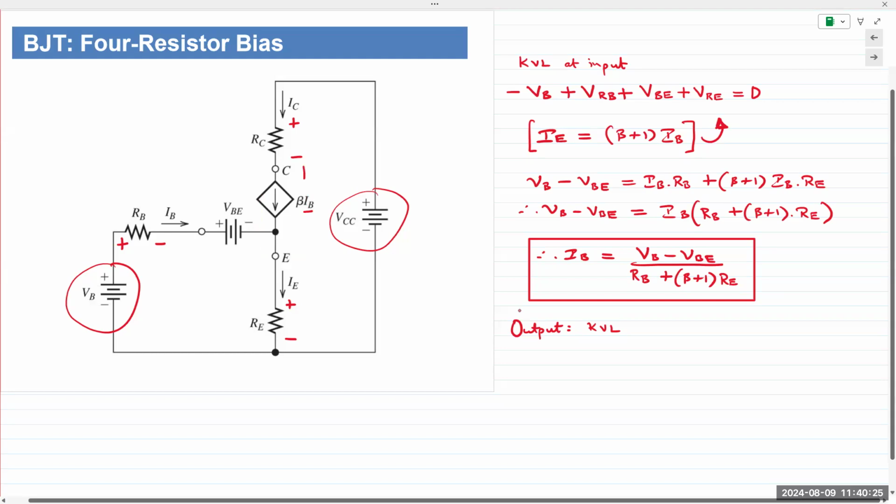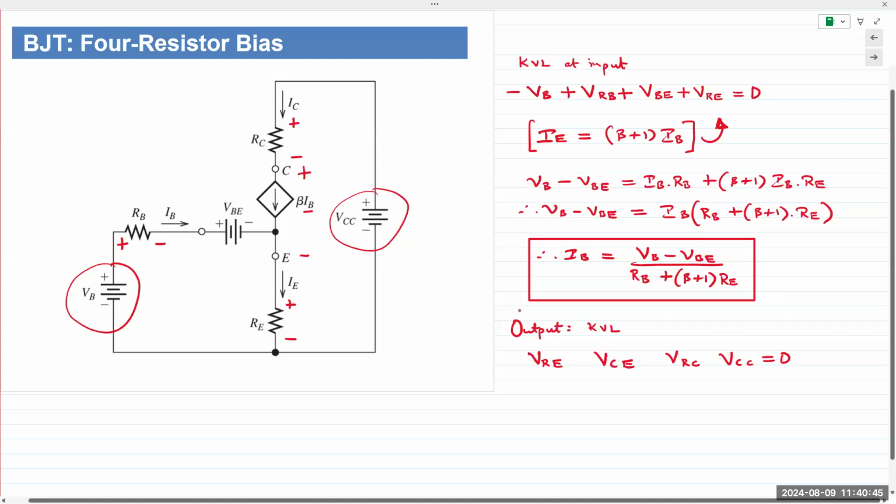So we'd say collector is plus, emitter is minus. So we'd have voltages VRE, VCE, then VRC, and VCC is equal to 0.